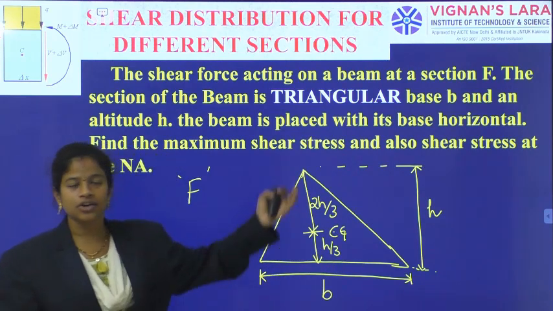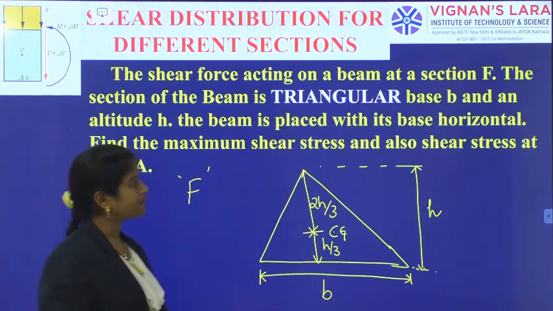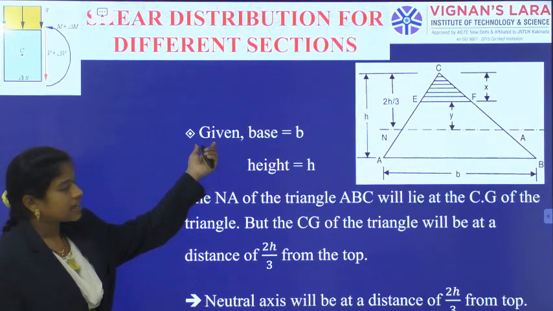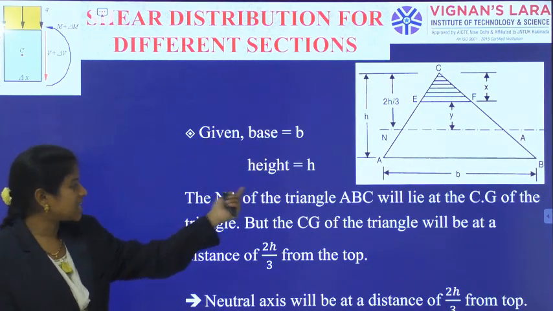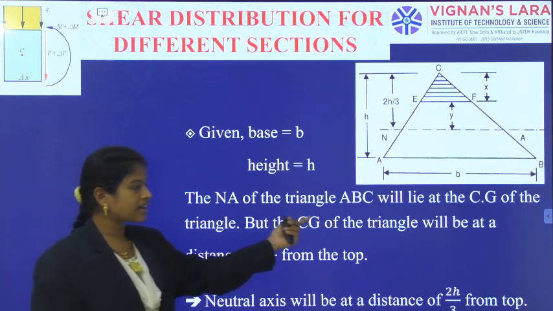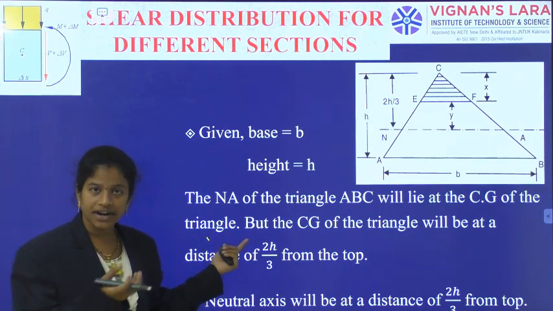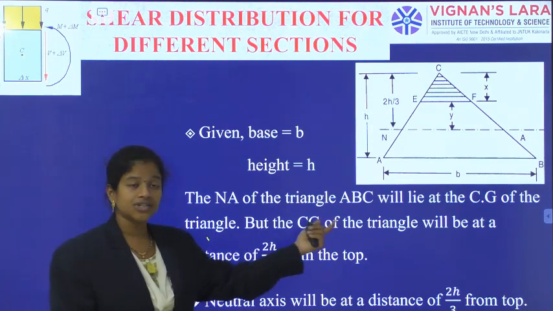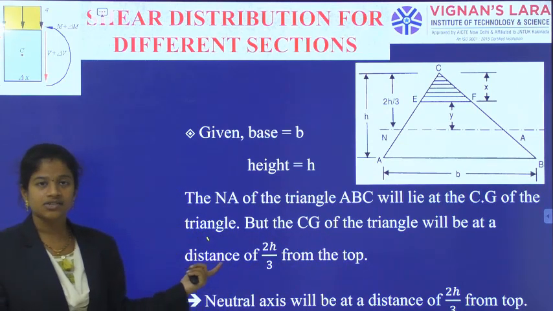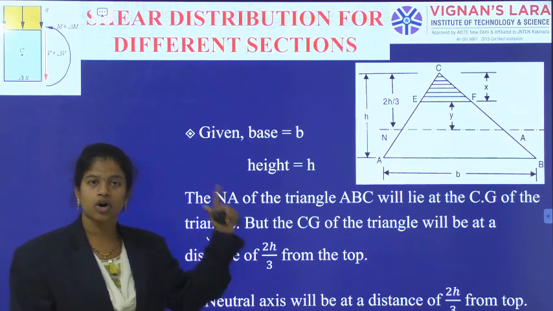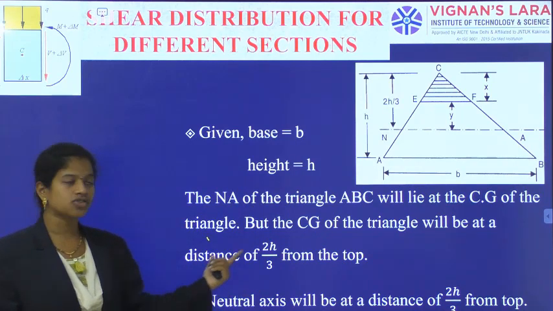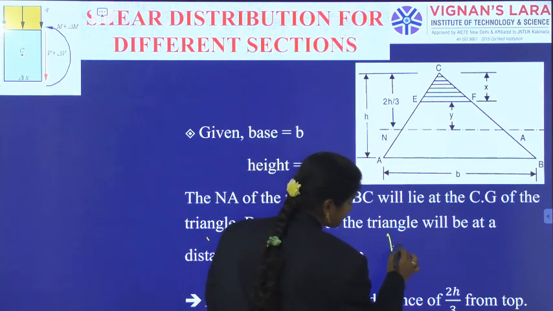After getting that, we can go into the shear stress distribution. Okay. So we have the base as B, height as H, and the neutral axis of the triangle ABC will lie at the CG of the triangle, as we have already explained. The CG of the triangle will be at a distance of 2h by 3 from the apex or the top, and at a distance of h by 3 from the bottom.